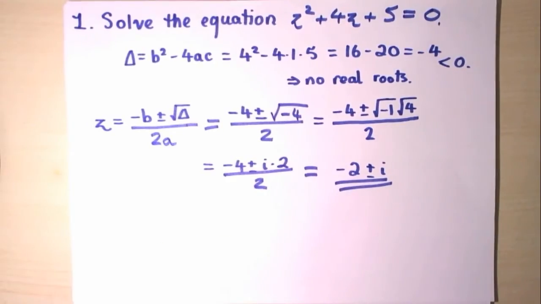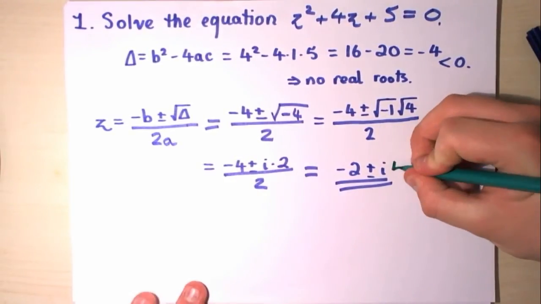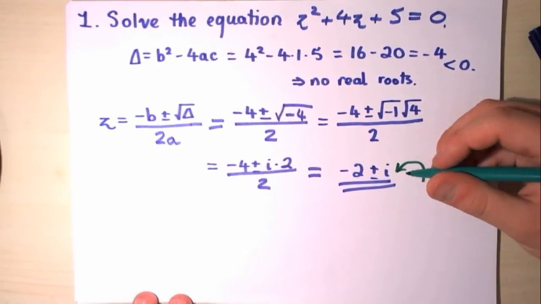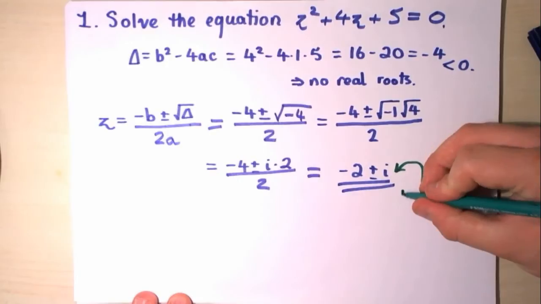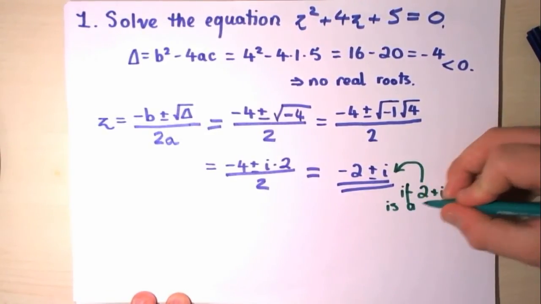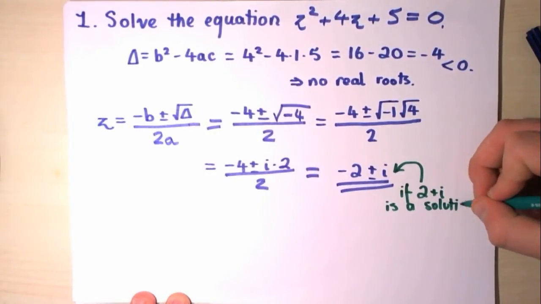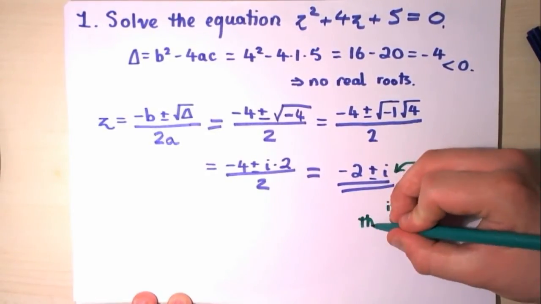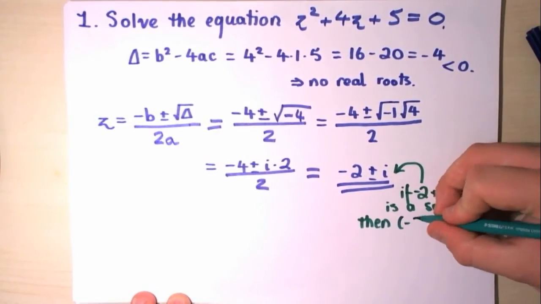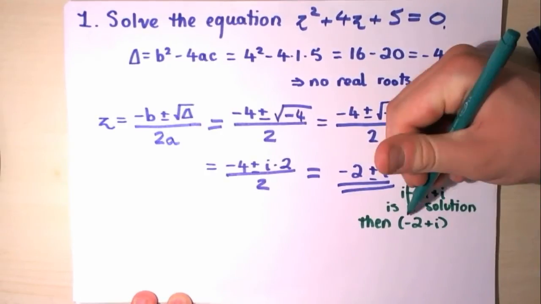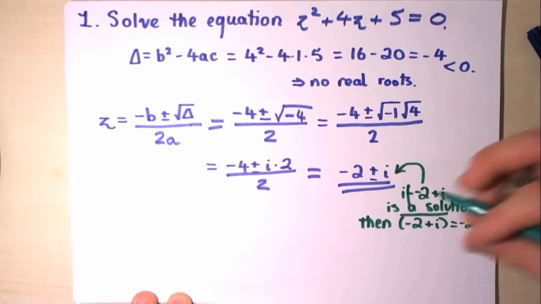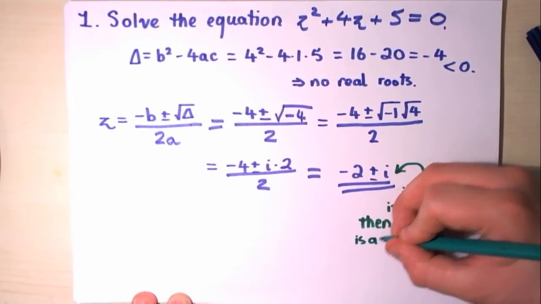One important observation as well is that when you solve for z, if minus 2 plus i is a solution, then minus 2 plus i conjugated, represented by the bar, which is equal to minus 2 minus i, is also a solution.